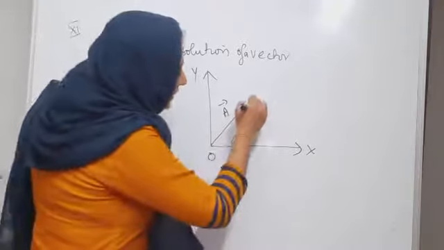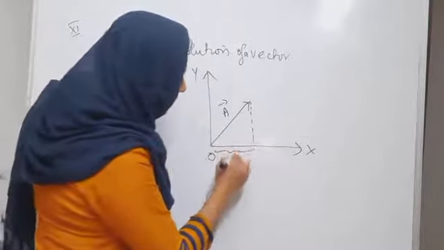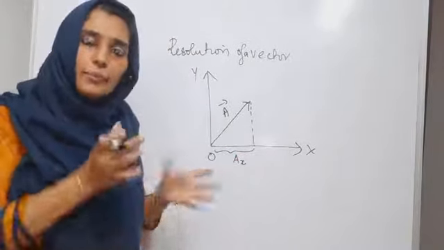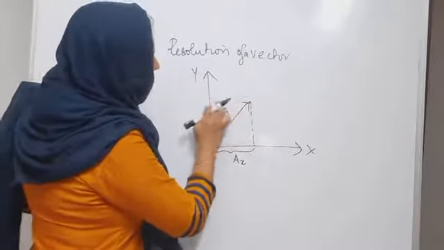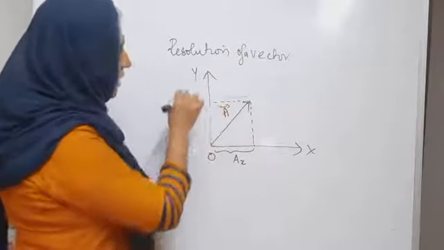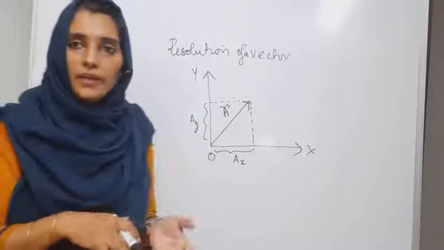Now, if from the tip of the vector A I draw a perpendicular line, then its magnitude, let us represent it as AX, is a pure number. Similarly, by drawing a perpendicular from the tip of the vector such that it meets the y-axis, let us represent this as AY.